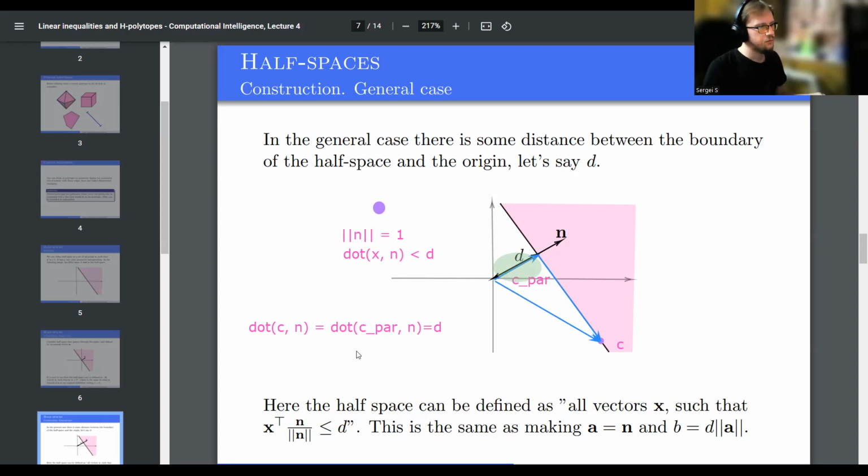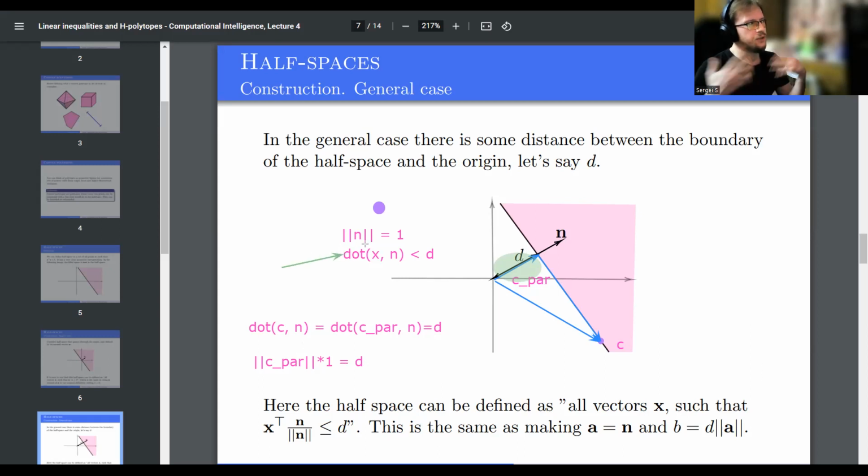If it is not clear, we can continue this derivation: the dot product is the norm of C par times 1, because the cosine between them is equal to 1. That's the definition of a norm, and that's equal to d because the way we defined it, this is the closest point to the origin, and the norm of C par is definitely d in this case. All right, so this is where this form comes from.